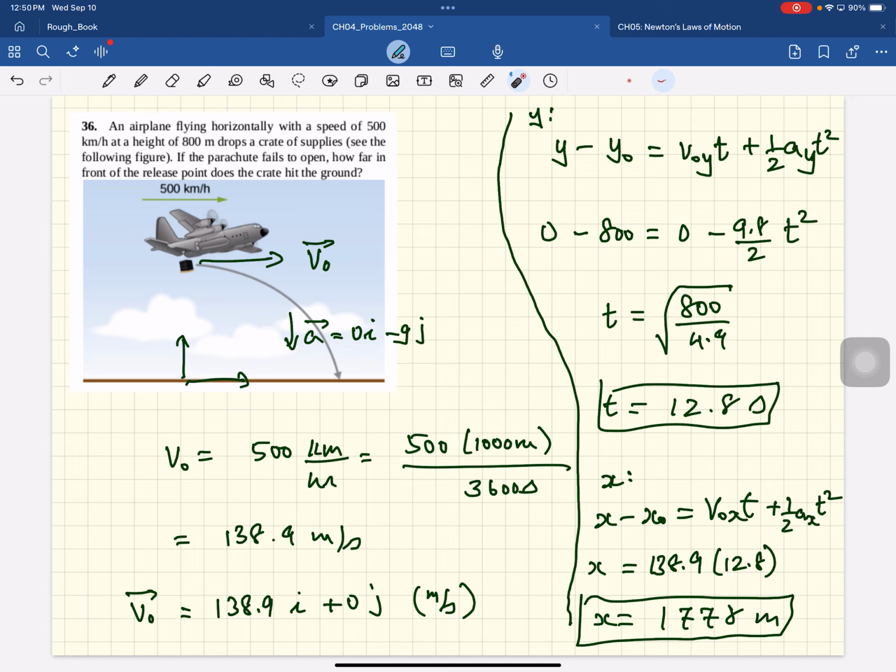Somewhere there. So if a passenger plane dropped a package from that height, that would land a mile away. This sort of stuff is relevant because when they drop care packages and stuff like that, you have to know where they'll fall and all that.